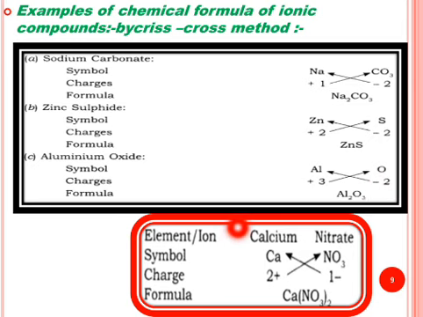Now see another example, calcium nitrate, and write the symbols of ions. First write the symbol of cation, that is calcium with charge +2, and nitrate ion, which is an anion. Its symbol is NO3 with charge -1, and on crisscrossing their charges we get the formula Ca(NO3)2.